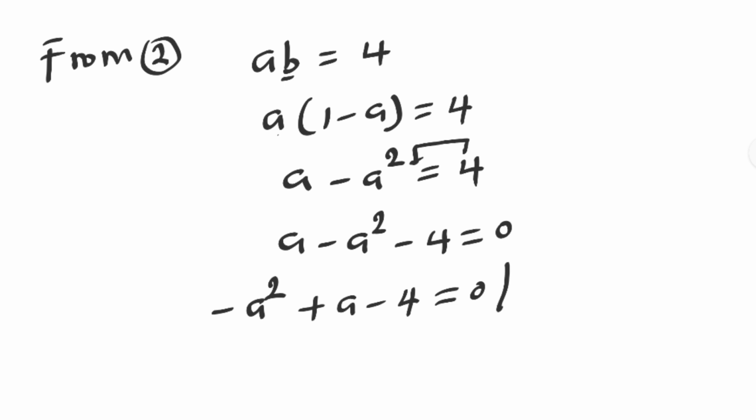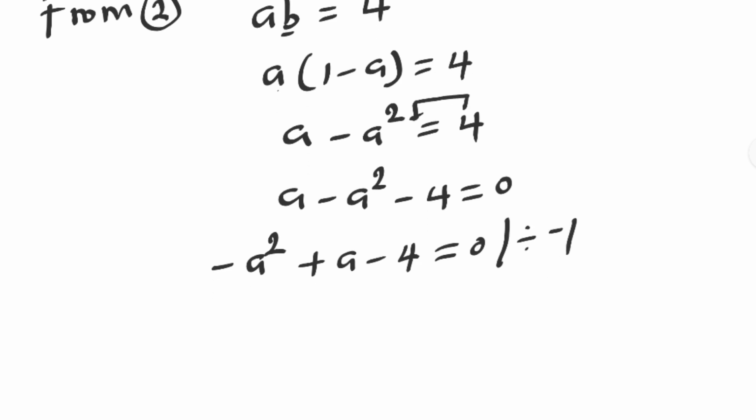Now let us divide the whole of this equation by negative 1. Negative A square divided by negative 1 is A square, plus A divided by negative 1 is negative A, negative 4 divided by negative 1 is plus 4, equal to 0.